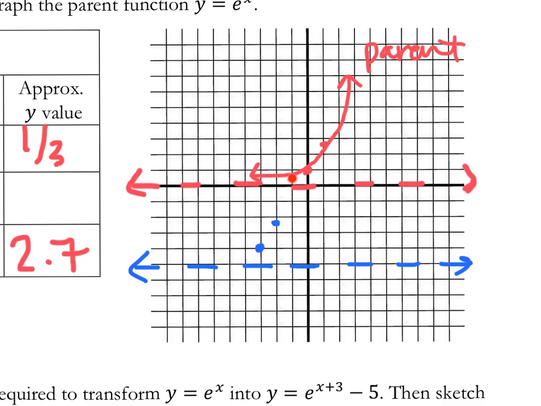And then this point is going to go left 1, 2, 3, down 1, 2, 3, 4, 5, so it'll be down here. And then you can just connect your dots. This blue graph is going to be your transformed graph.